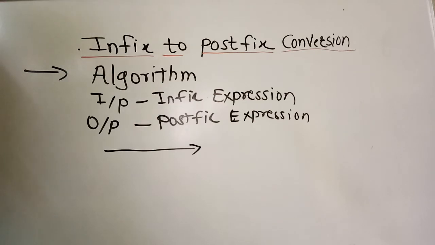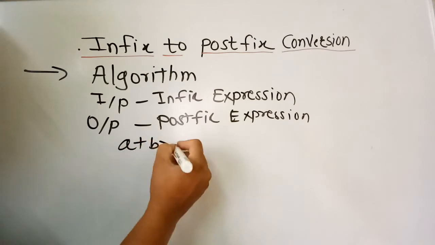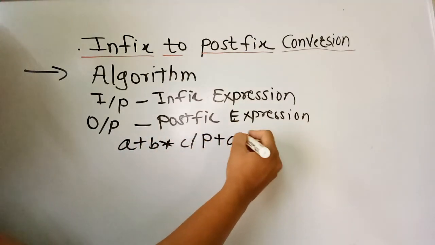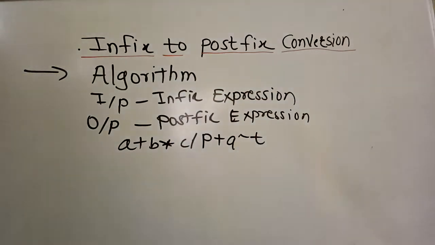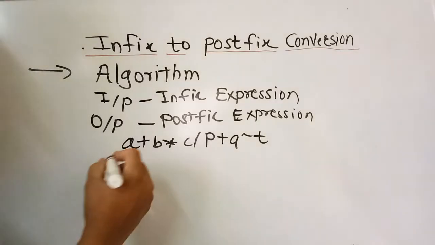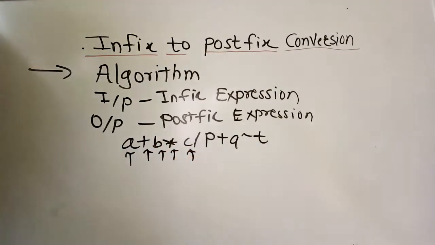For each character ch in the input stream, for example a plus b into c divided by b plus q raised to t, this is the sample expression we are taking for the algorithm analysis. Now we will read each of these characters turn by turn.